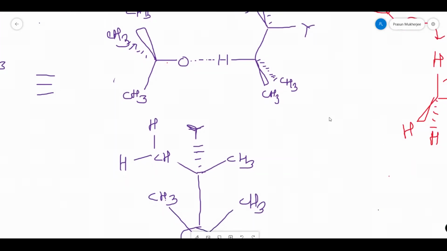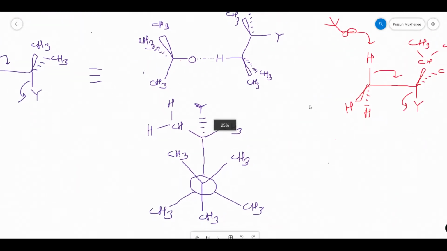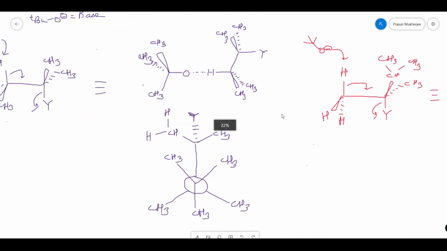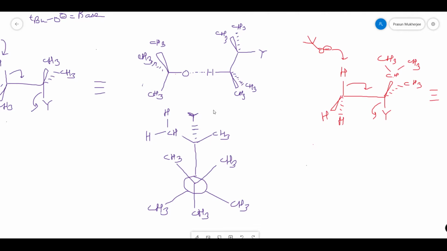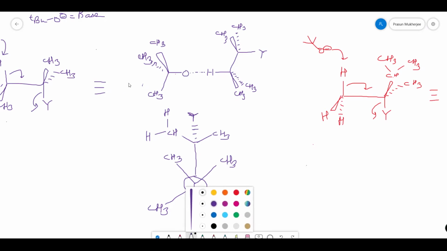So now if we draw the Newman projection formula in order to better understand the steric factors, this will look like that. If we see from this side, the two methyl groups will be in the top, this methyl group will be at the bottom, these two methyl groups will be in the bottom, and this big group will be in the top.